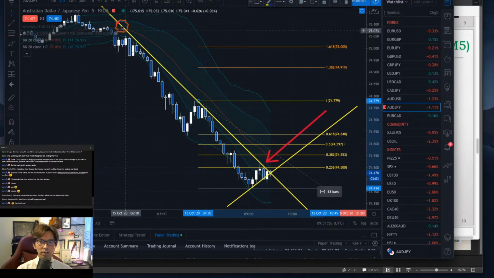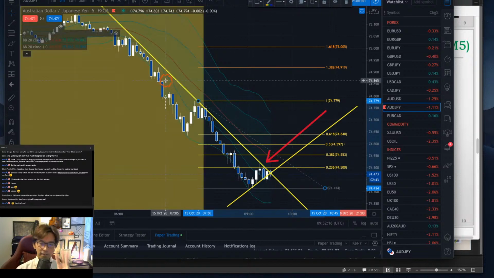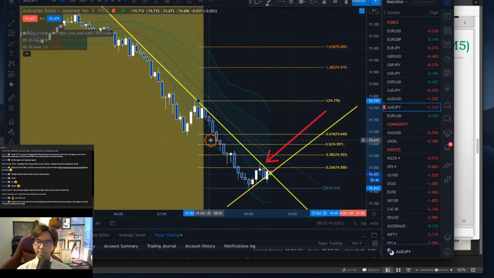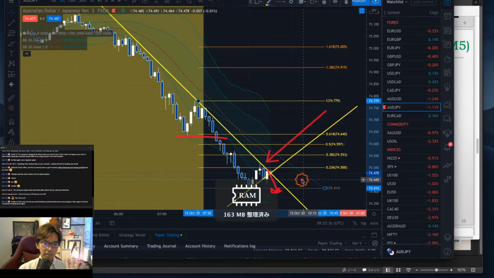So we have the candle trend line, descending trend line resistance as one of the confirmations, the Fibonacci 23.6% bounce as the second confirmation, and the Tokyo Box breakout as the third confirmation. If a candle trend line break happens, that will be the fourth confirmation. So it looks like in 5 we have more confirmations to sell than in the 15-minute chart. In this case, I would take the 5.